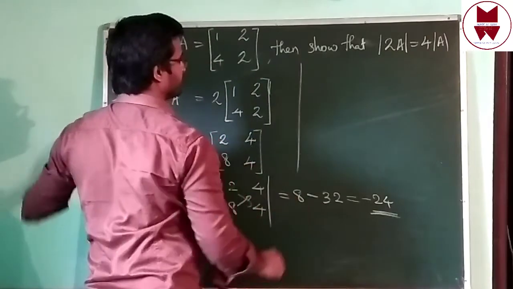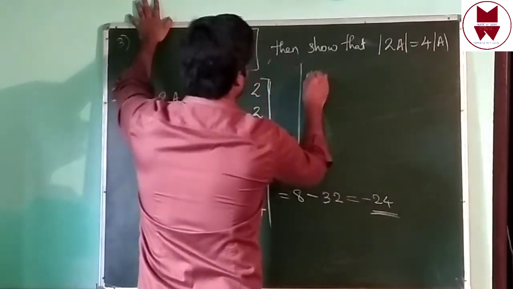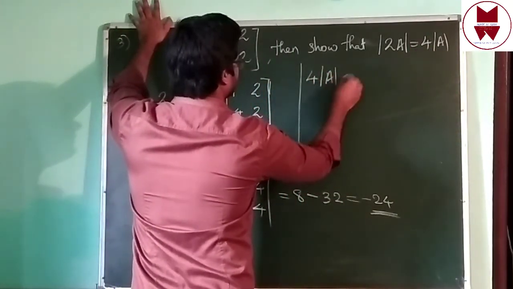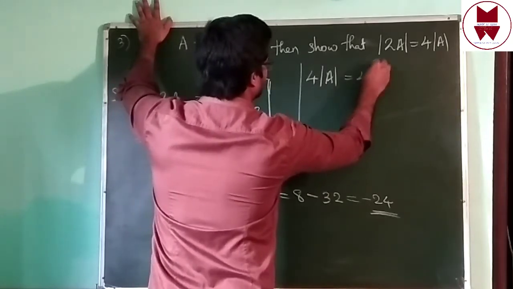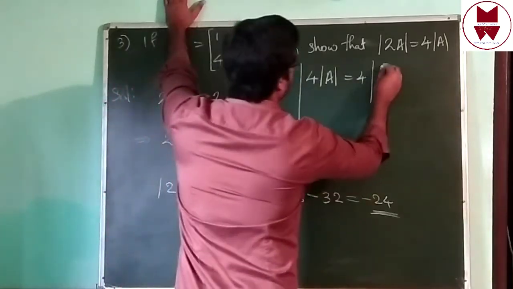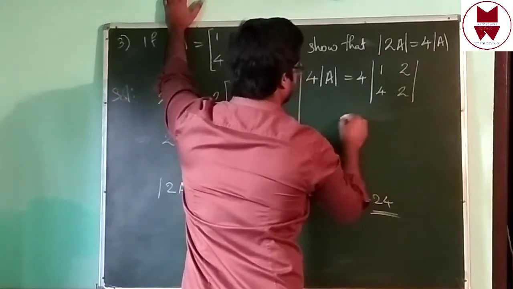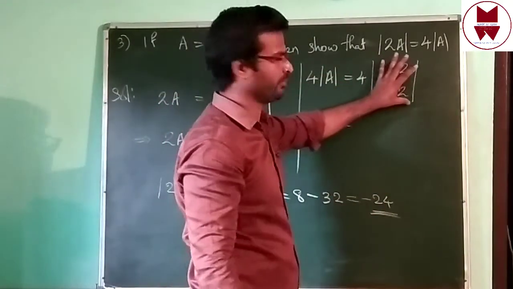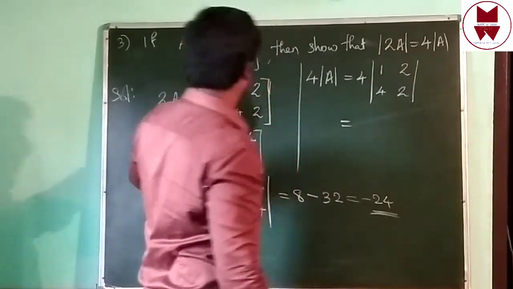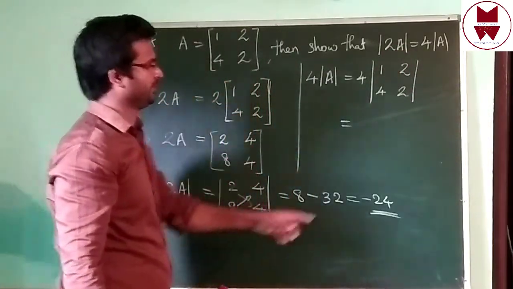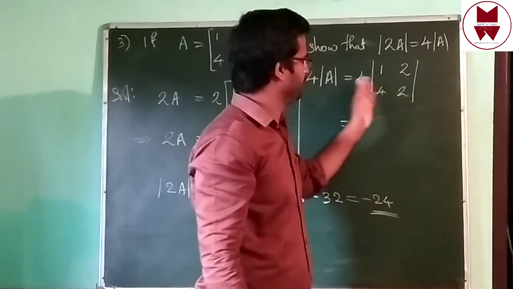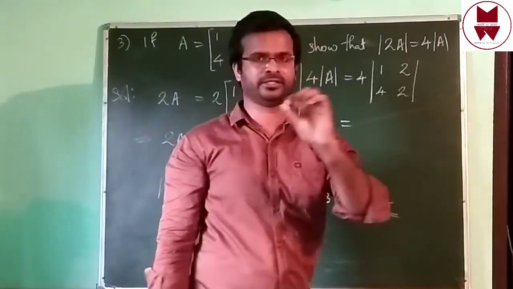Now we can do 4 into the determinant of A, equal to 4 into the determinant of [1, 2; 4, 2]. Using the 4, don't multiply inside. In the case of a matrix we can multiply, but in the case of a determinant, with the 4 outside, just multiplying all the elements is not possible.